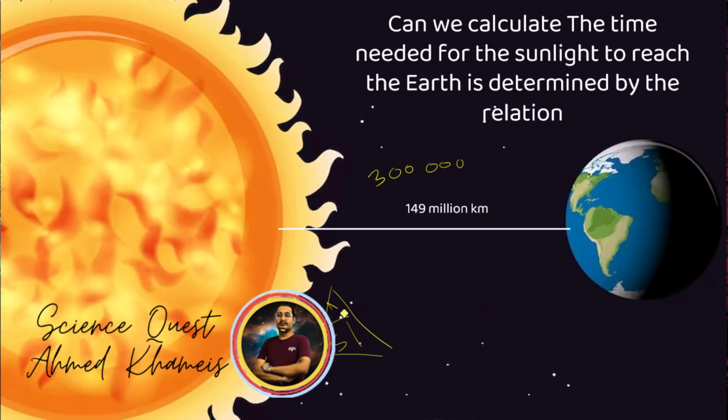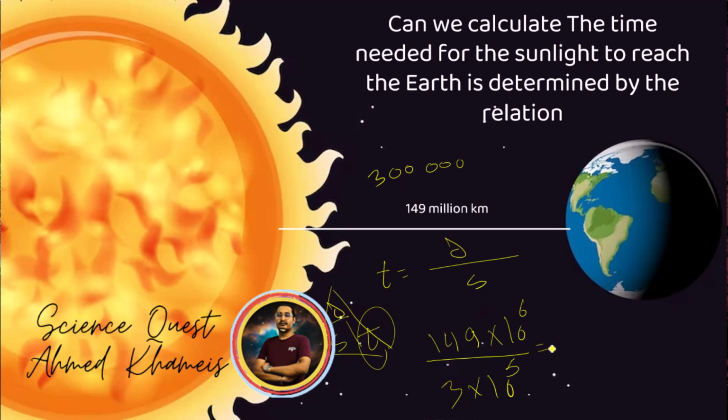So the speed equals distance over time, and we need to calculate the time. So time equals distance over speed. The distance is 149 million, meaning 149 times 10 to the power 6, over 300,000, meaning 3 times 10 to the power of 5, equals 497 seconds.